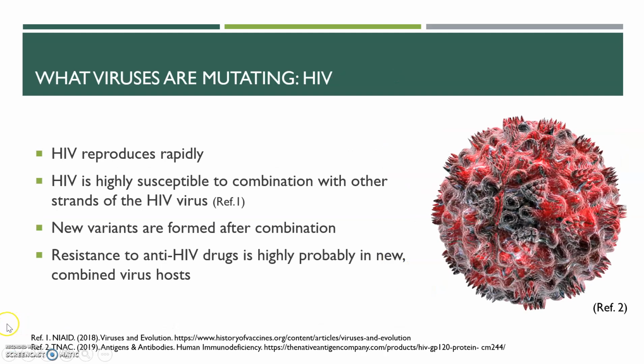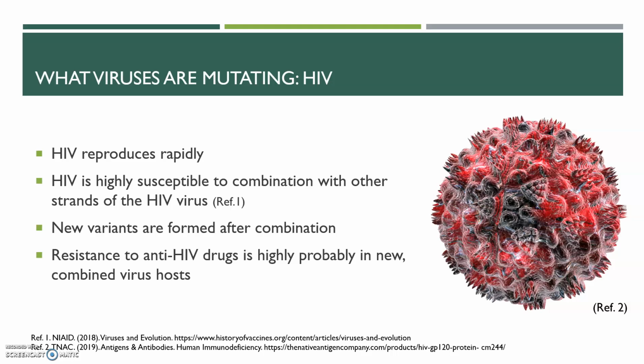Another interesting virus we're going to be talking about is HIV. HIV is a very rapidly reproducing and mutating virus. It is very susceptible to combination with other strains of the HIV virus. For example, if a mother and a father had a child and they both had tested positive for HIV, they most likely had different strains of the virus.